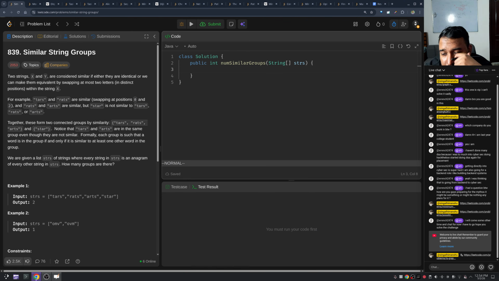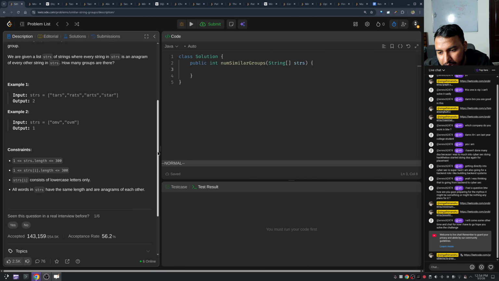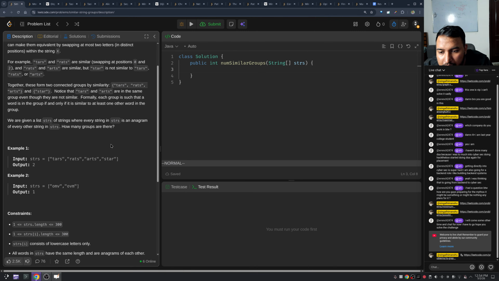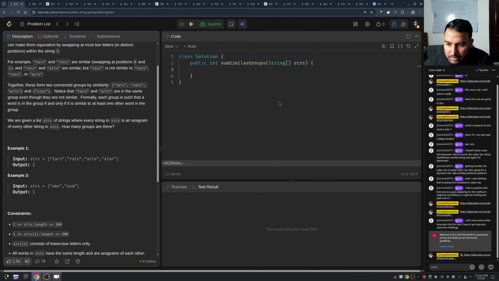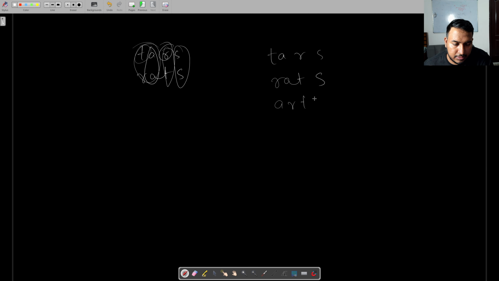And the other part is, so n square I think we can do, right? Yeah. So we have something like tars, rats, arts, and then we have star. So for this, I'll go through this, go through this, and go through this.